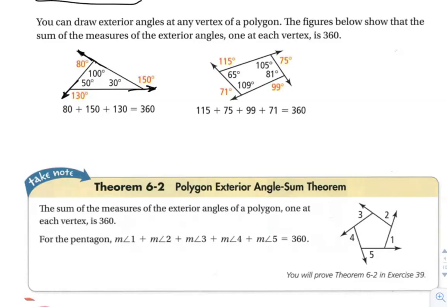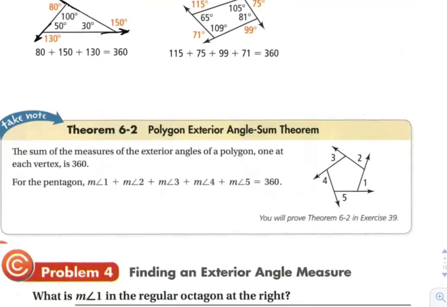And the easy theorem that you guys need to remember about this is that the total of the sum of the exterior angles is always going to be 360. And it doesn't matter whether you have 3 sides, whether you have 5 sides, 20 sides, your exterior angles will always add to 360.